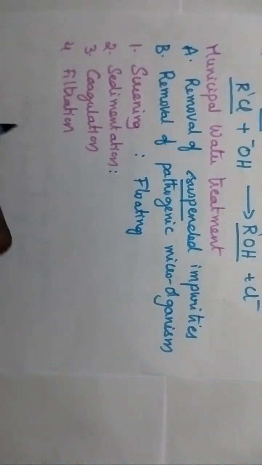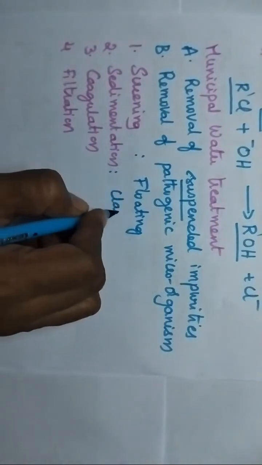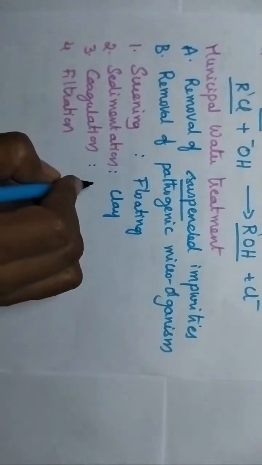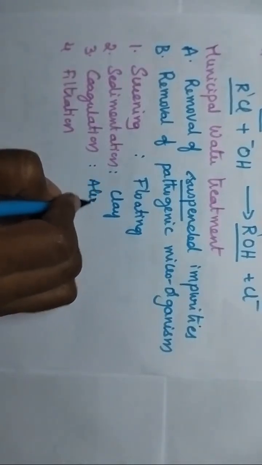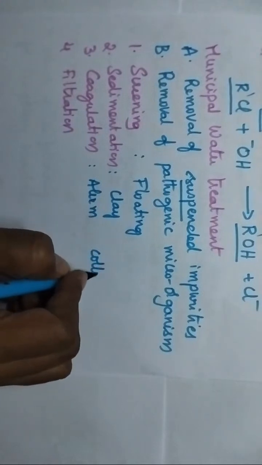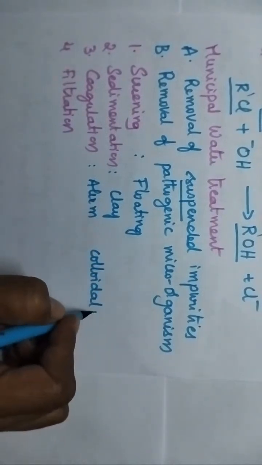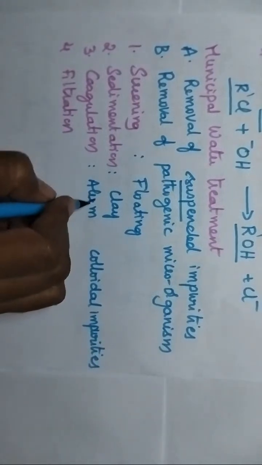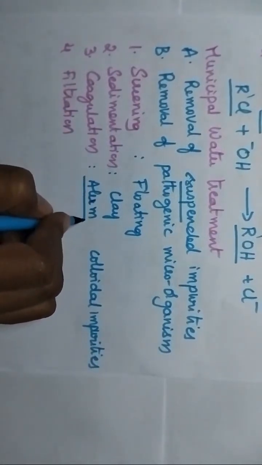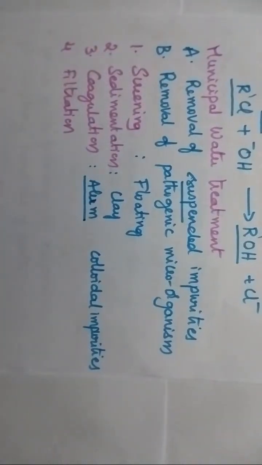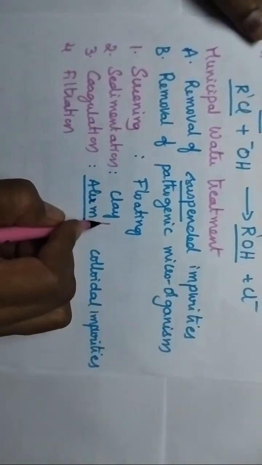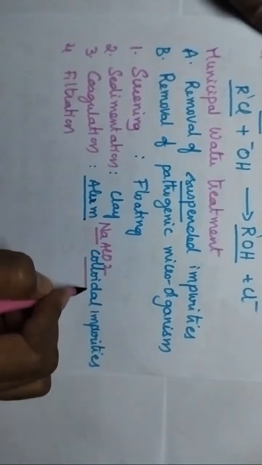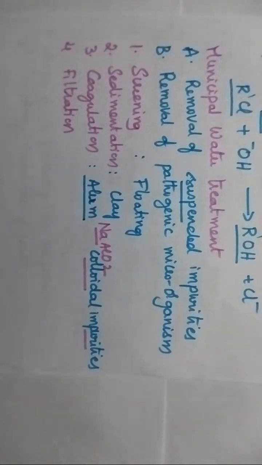And through sedimentation, clay can be removed from the water because of gravitational force. Coming to coagulation, here the colloidal impurities can be removed by the addition of certain chemicals like alum or sodium aluminate, which is highly useful for the removal of colloidal impurities.